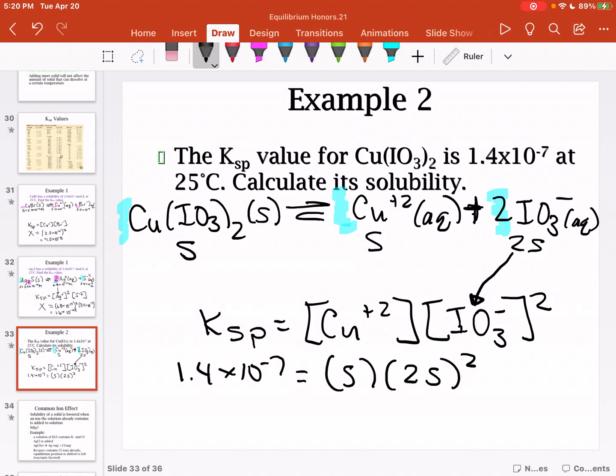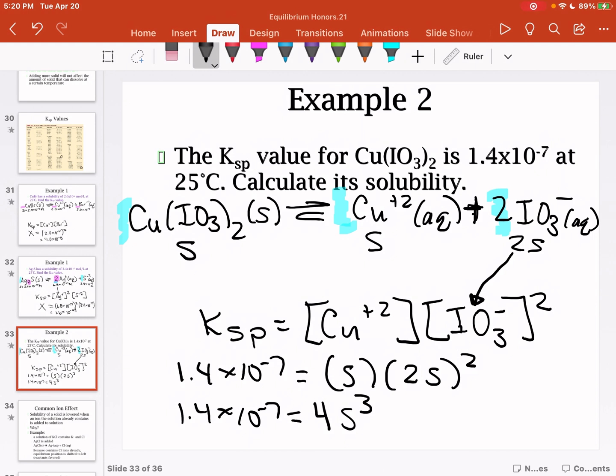So as I carry that through, I get 1.4 times 10 to the negative 7th is equal to 4S cubed. I'm going to tell you that any 3-ion system is going to follow this exact same format. Whatever gets doubled gets squared, and then your singular one will just be the S. So you'll always end up with that 4S cubed.